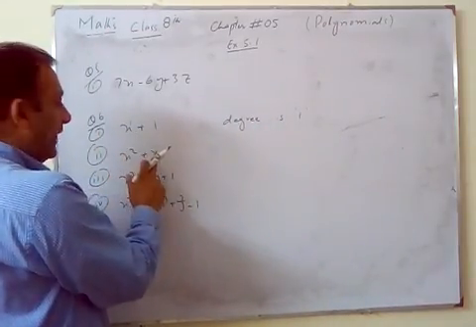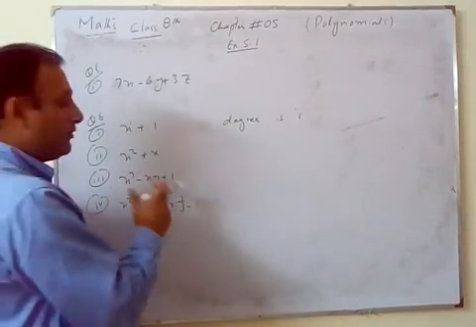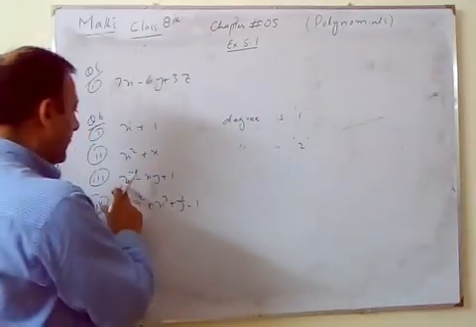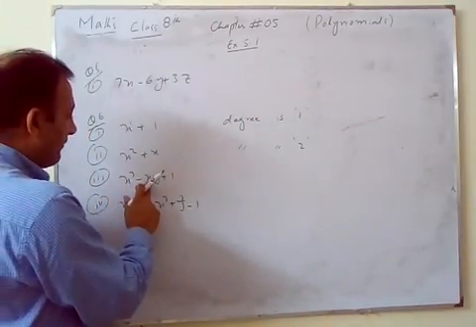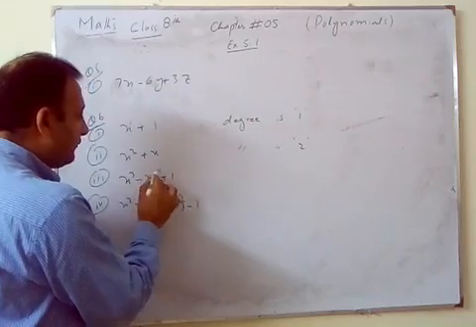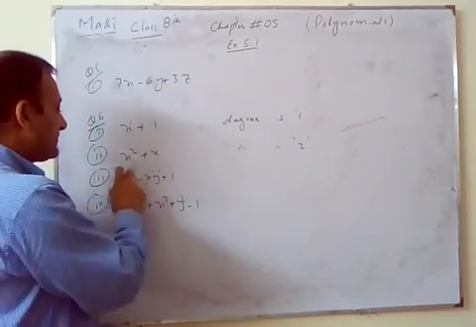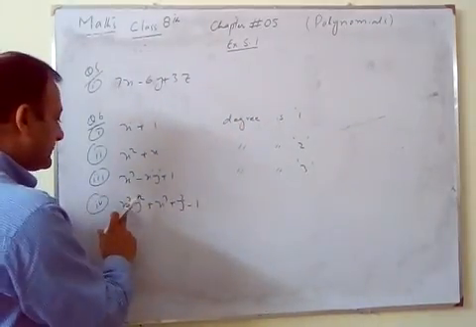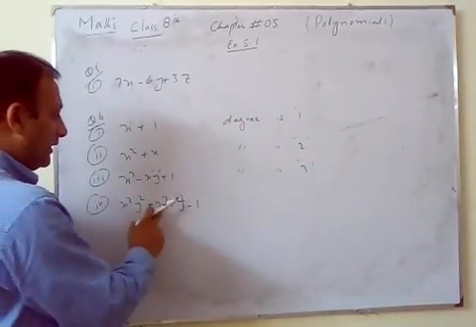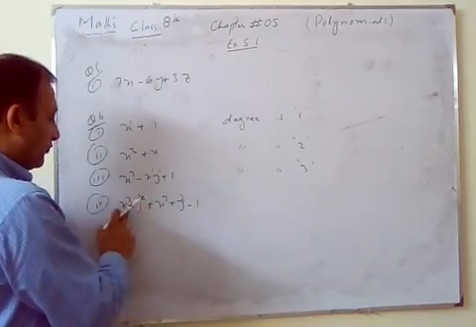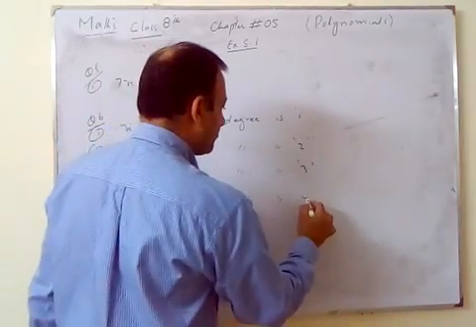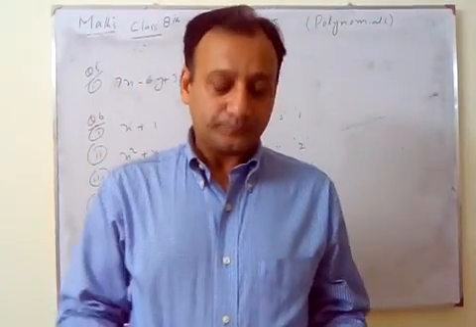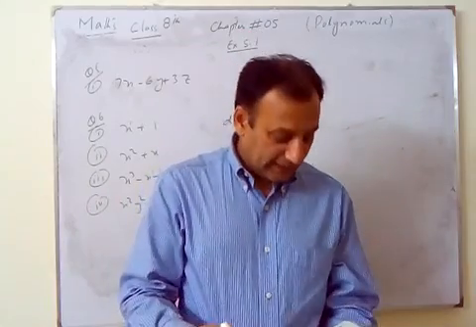Here power is 2 and here power is 1, so the highest power is 2, so degree is 2. Here power is 3, and 1 plus 1 is 2, so degree is 3. In this, 2 plus 2 is 4, x power 3 y power 2, so 4 is the degree. The highest power in a term of a polynomial is called the degree.